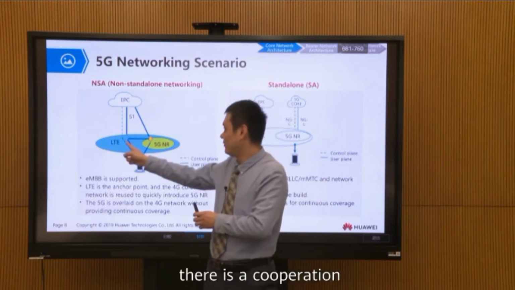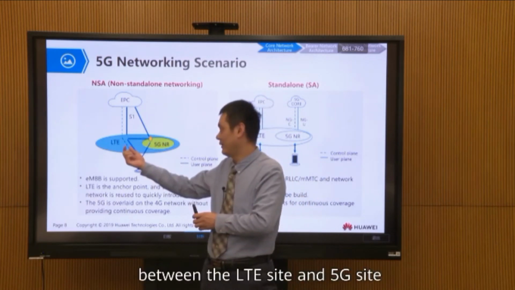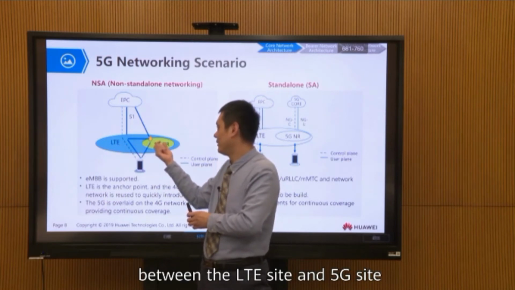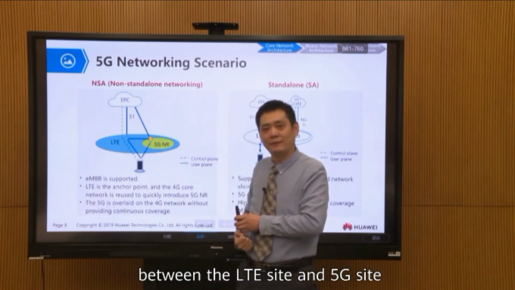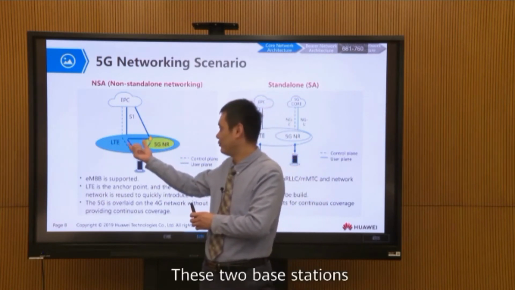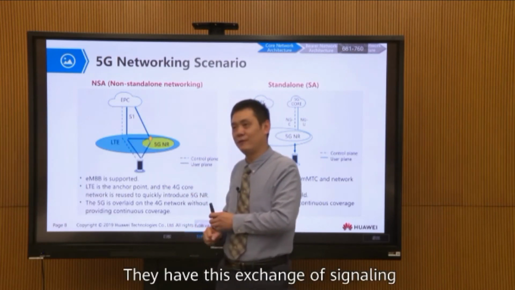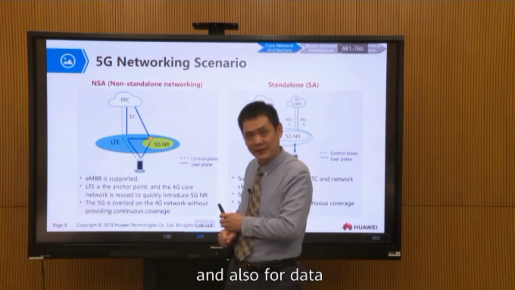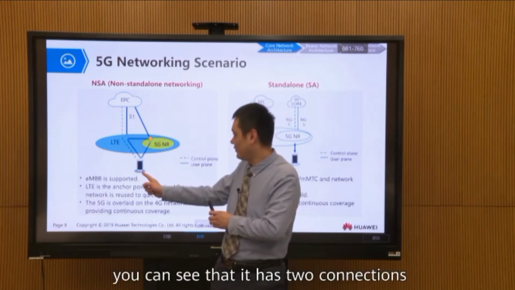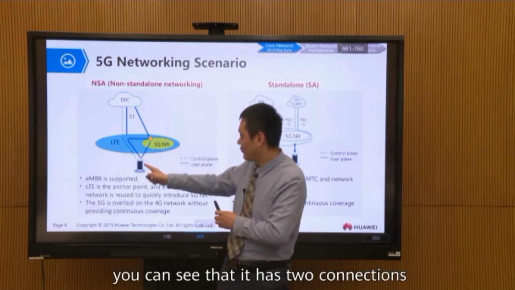And of course, there is cooperation between the LTE site and the 5G site. These two base stations exchange signaling and also data. And for the mobile, you can see that it has two connections.